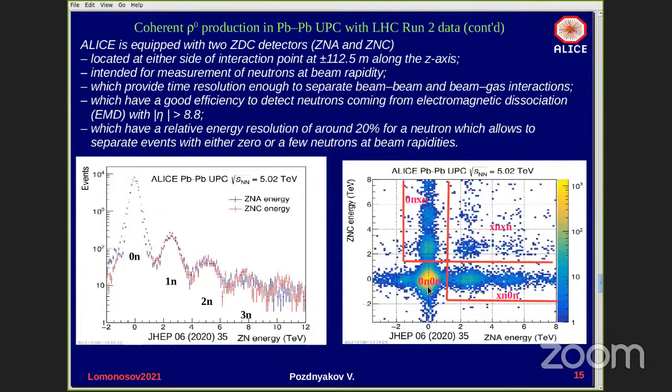What I told before, we have the ZDC, which can detect one neutron, two neutrons, three neutrons, and you see on a scatter plot what we see in one arm of the ZDC. It's a two-arm detector, for both sides of our setup. So we have a sample with no neutrons, with at least one neutron on one side, and with neutrons on both sides.